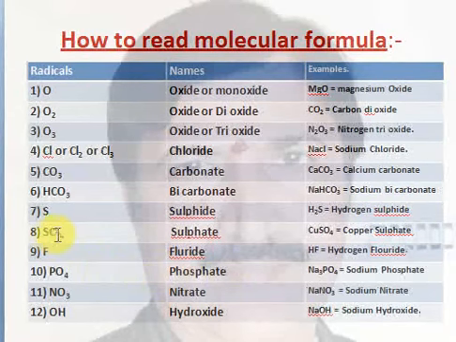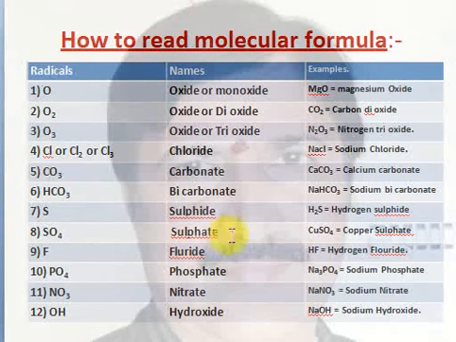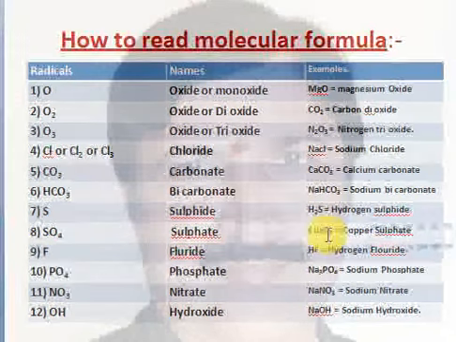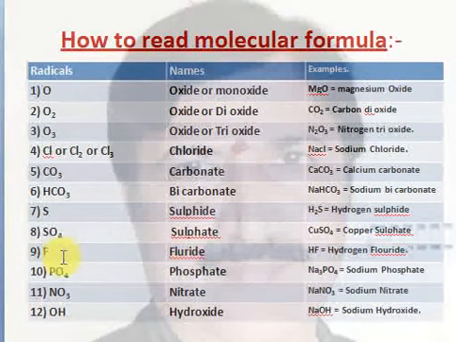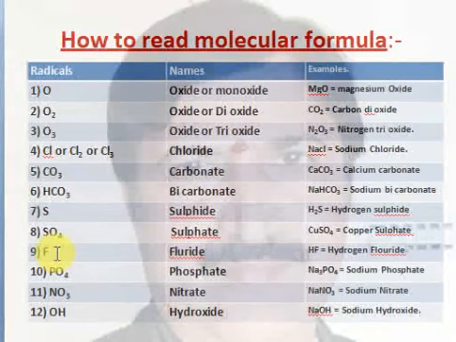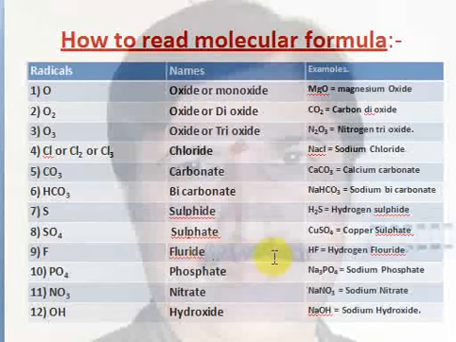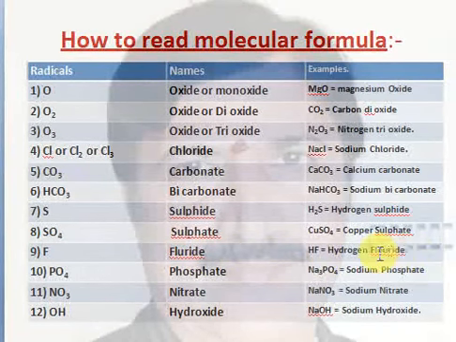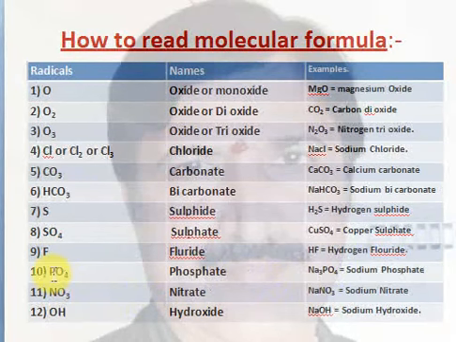If the molecular formula ends with SO4, then you have to name it as sulfate. So Cu copper, SO4 sulfate, copper sulfate. So if molecular formula ends with F, you have to read it as fluoride. HF, hydrogen fluoride. Then if molecular formula ends with PO4, you have to read it as sulfate.